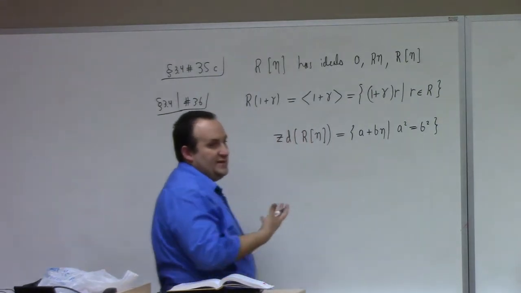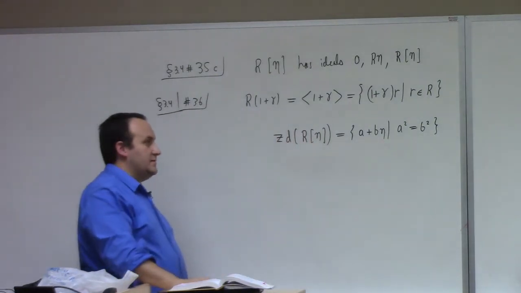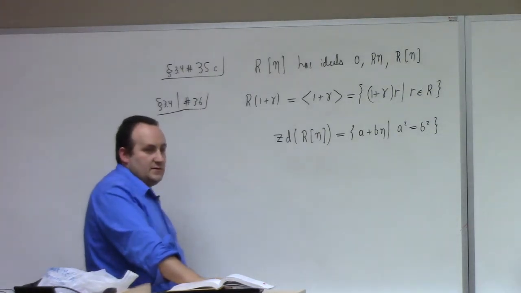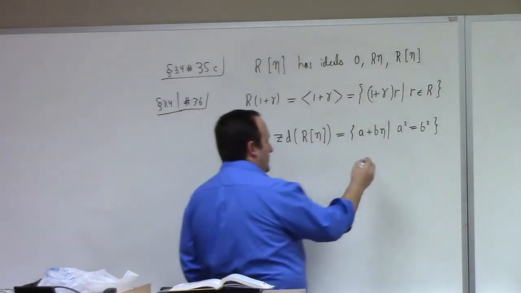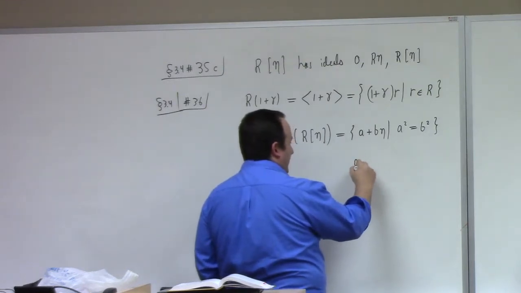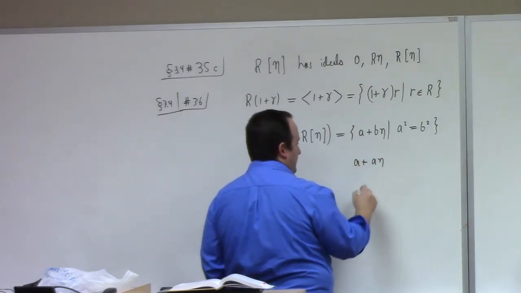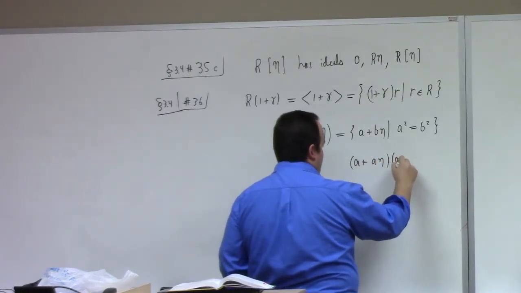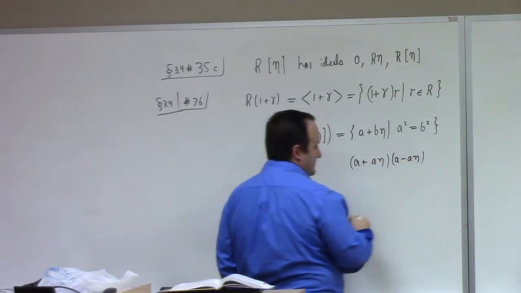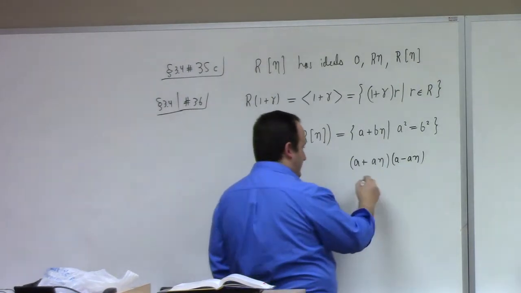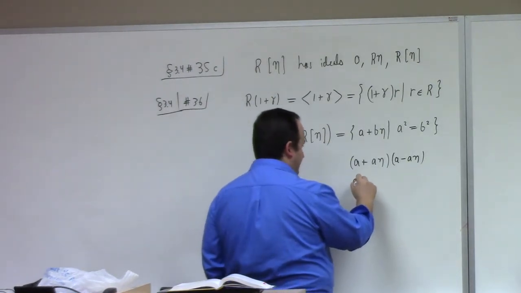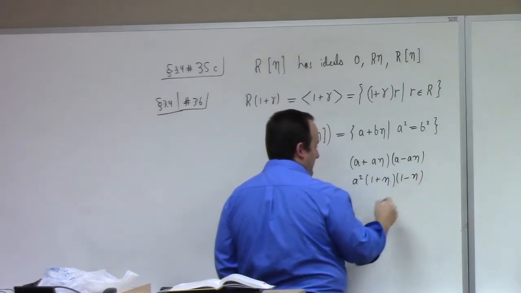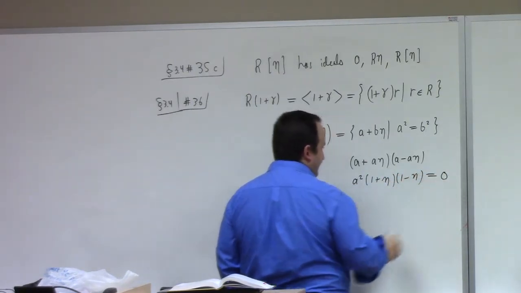Anything of that form is a zero divisor because if you have a plus a eta, you can multiply that by a minus a eta, and you'll get a squared times 1 plus eta times 1 minus eta, also known as 0.